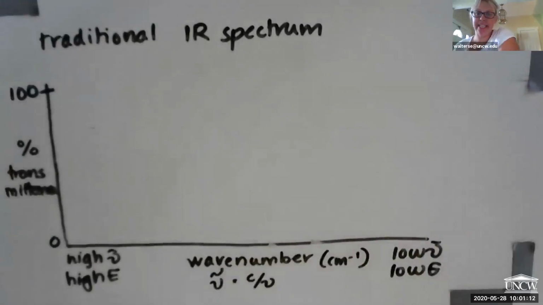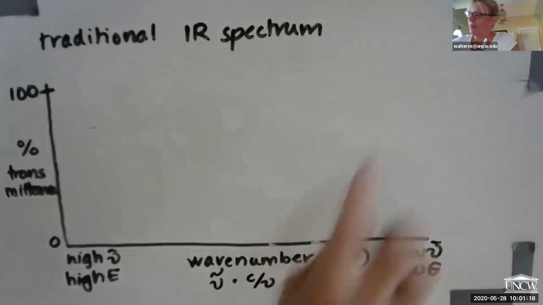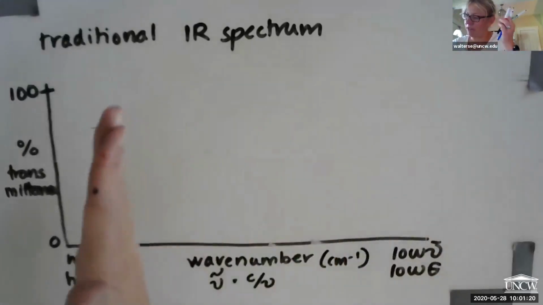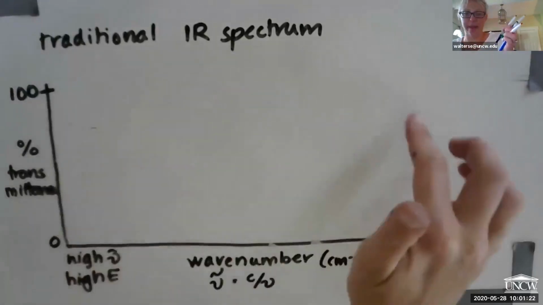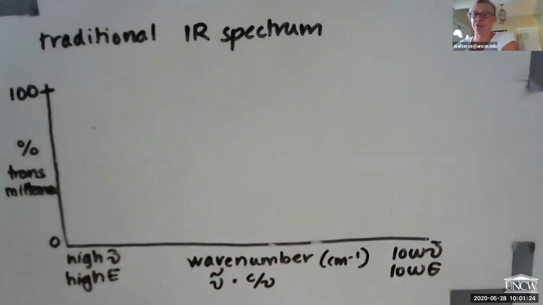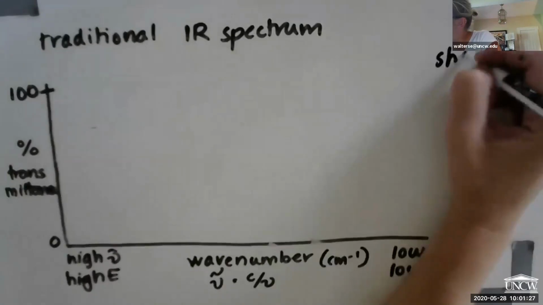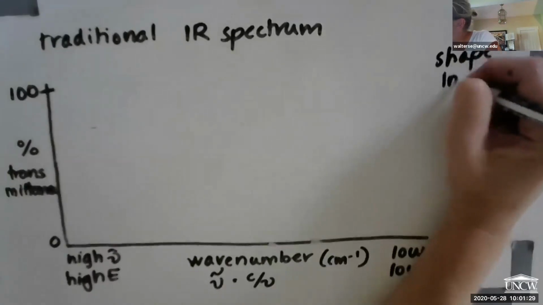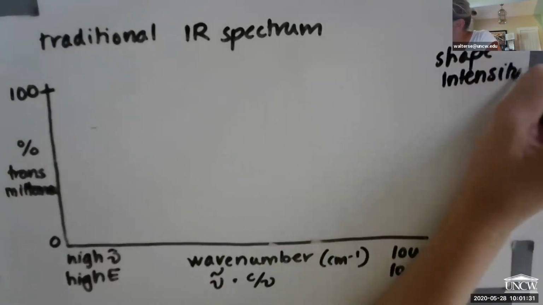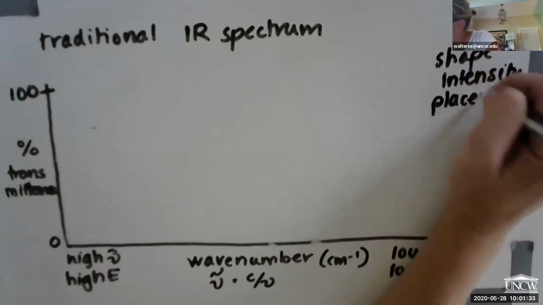Now within this area, then you have a line shape. Okay, so we're going to have to talk about the shape of the line and the intensity and placement of features.